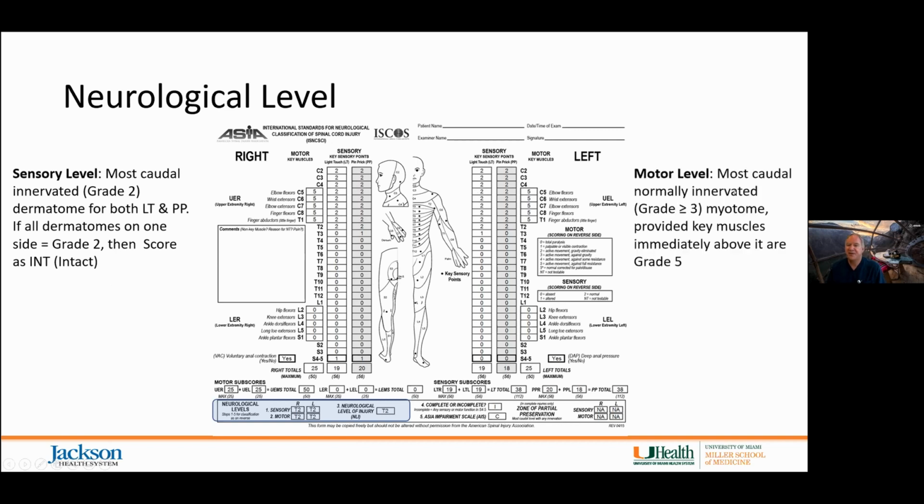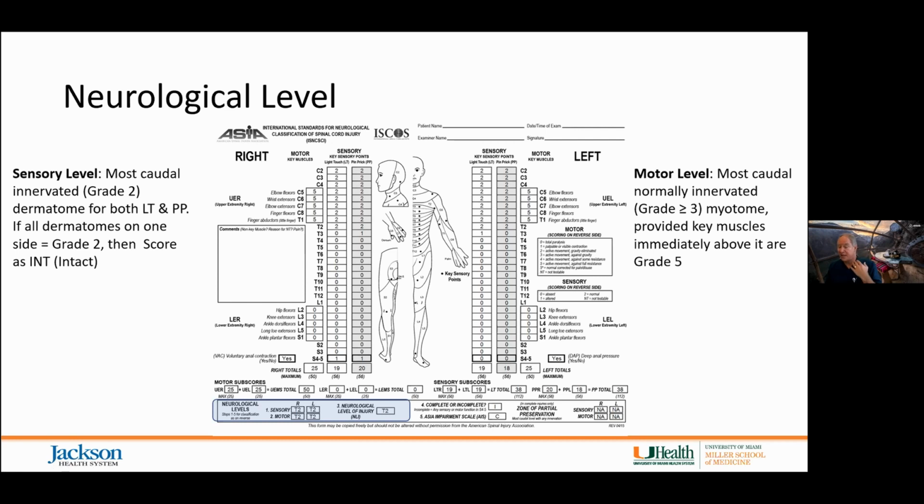And you're going to do the same thing for the motor level, recognizing that you have to have at least a score of 3, and the just rostral muscles, the ones just proximal to that, have to be of normal motor strength, that is a 5, or the dermatome has to be completely normal with light touch and pinprick.